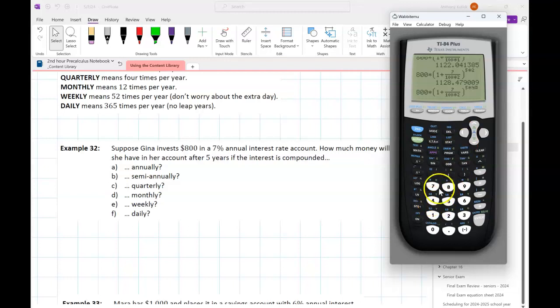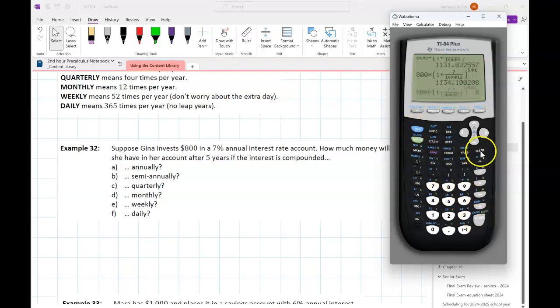Okay, quarterly. Picked up like an extra $350. Okay. Monthly, that's going all the way to 12. Yeah, like less than $3.